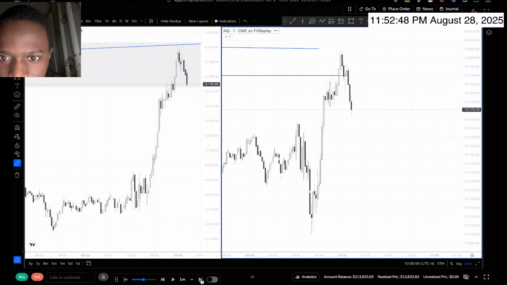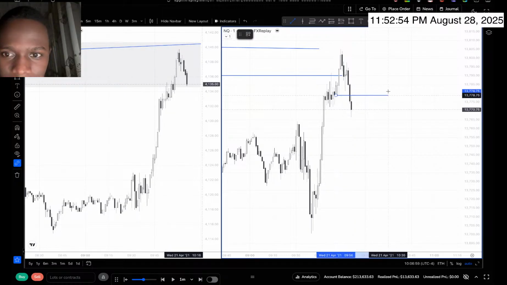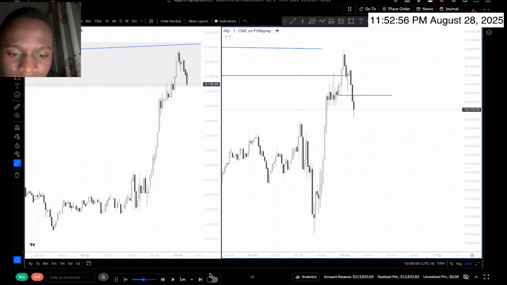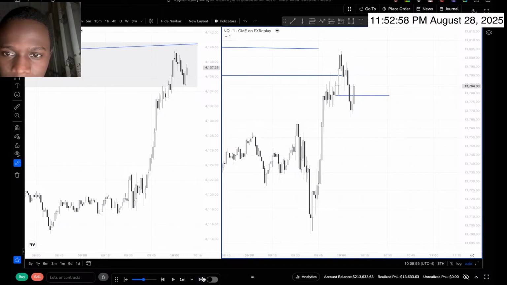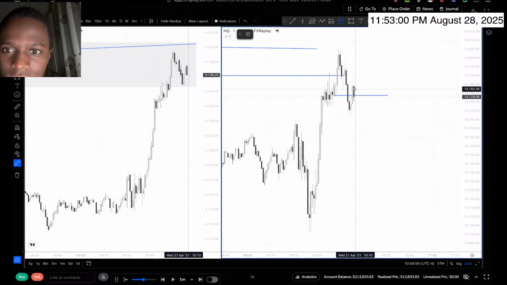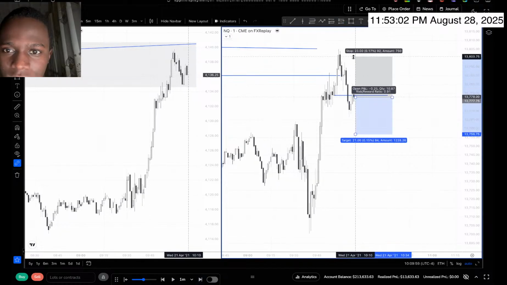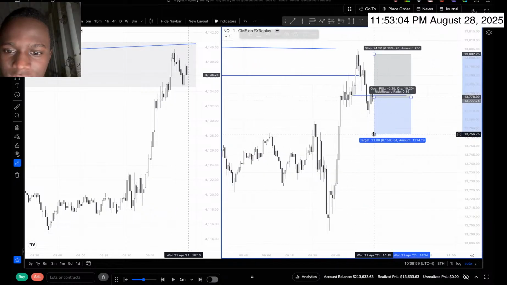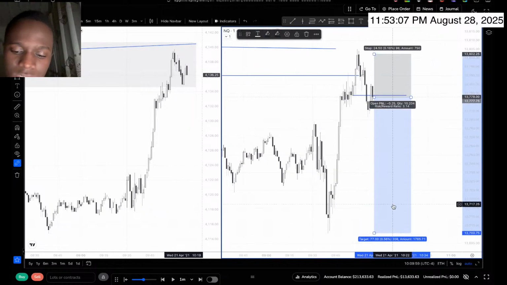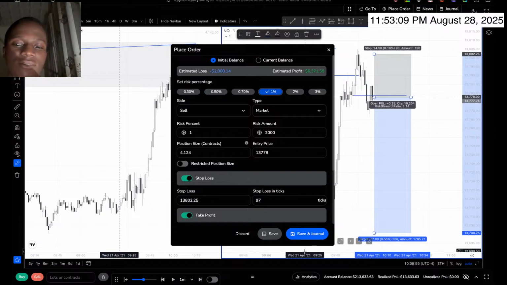Let's see if we get a retracement to the change in state. Okie dokie. Here I'll be selling. Stop above there. Target the low. Risk 1%. Whatever happens, mate.